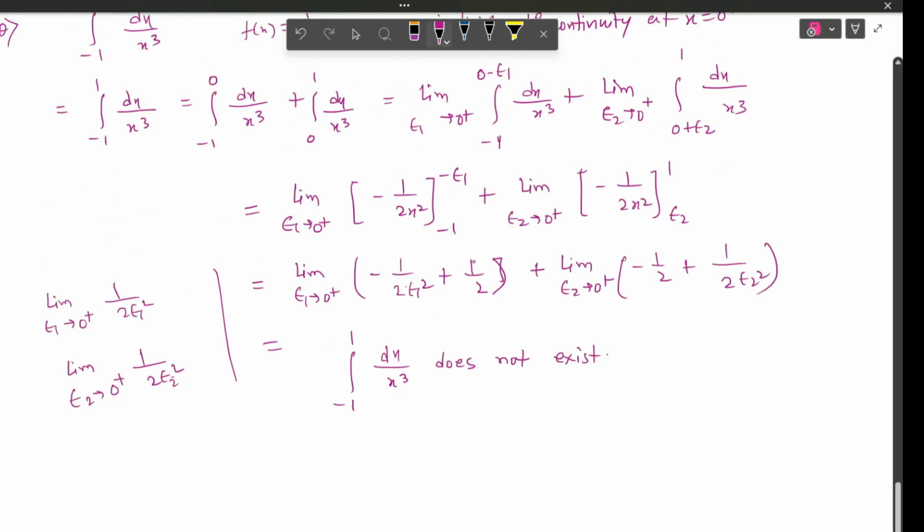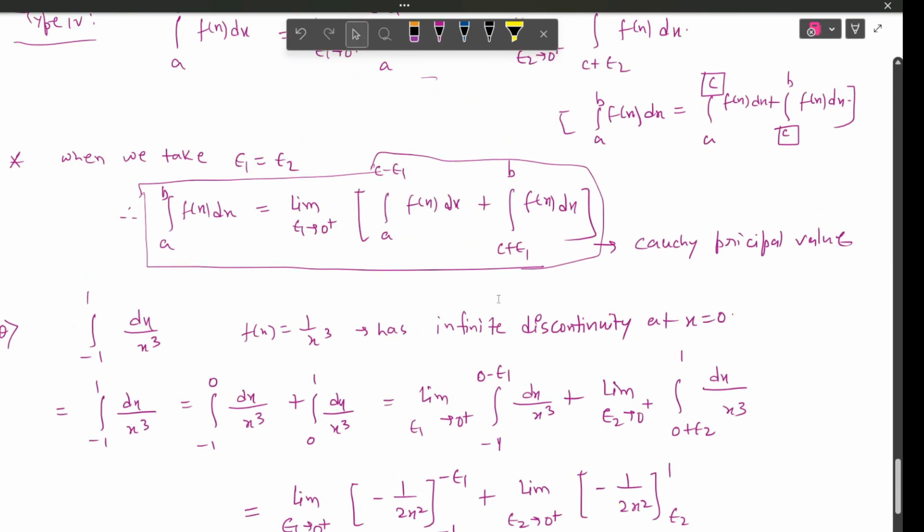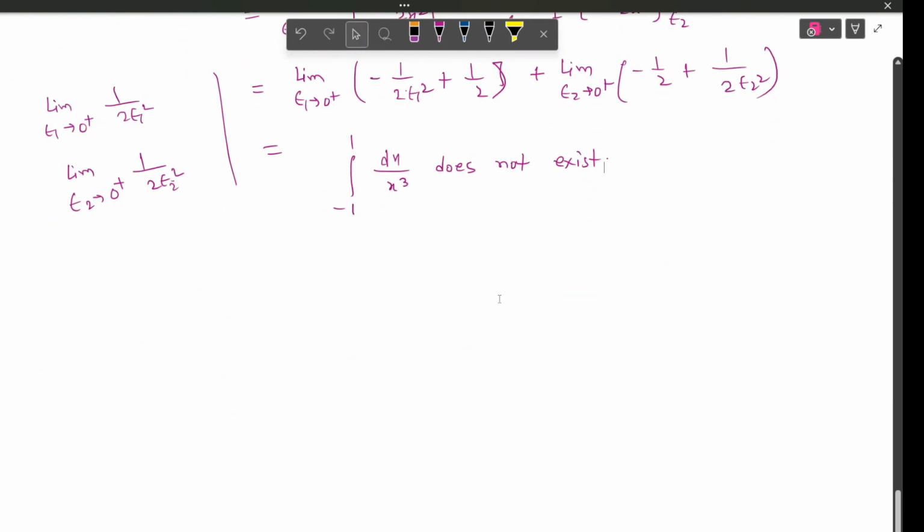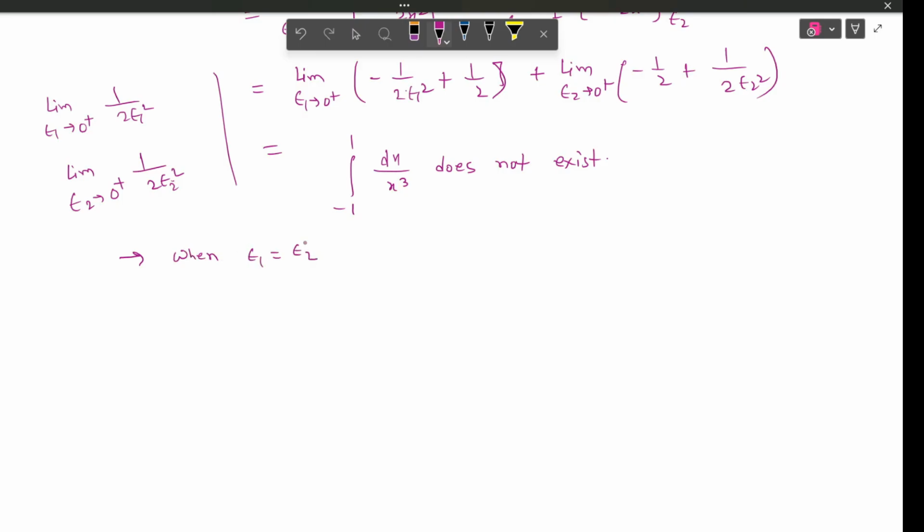But if we take the Cauchy principal value, that means where epsilon 1 and epsilon 2 are the same. So let us take epsilon 1 equal to epsilon 2.